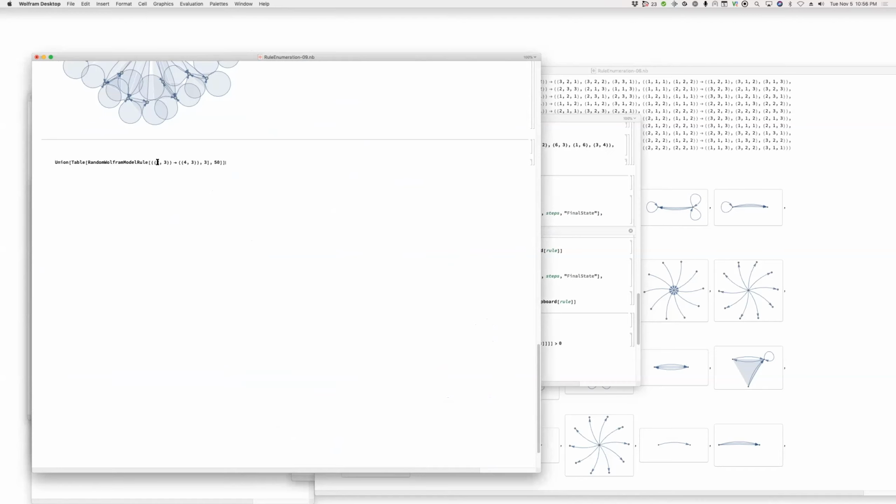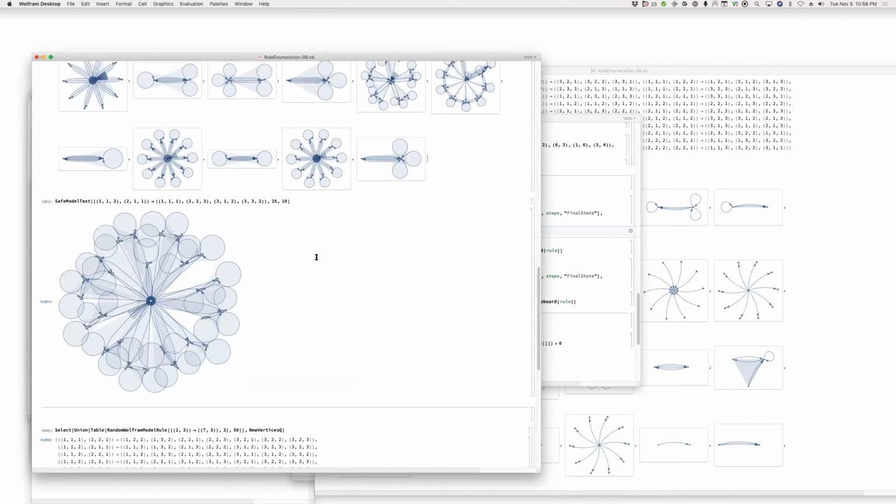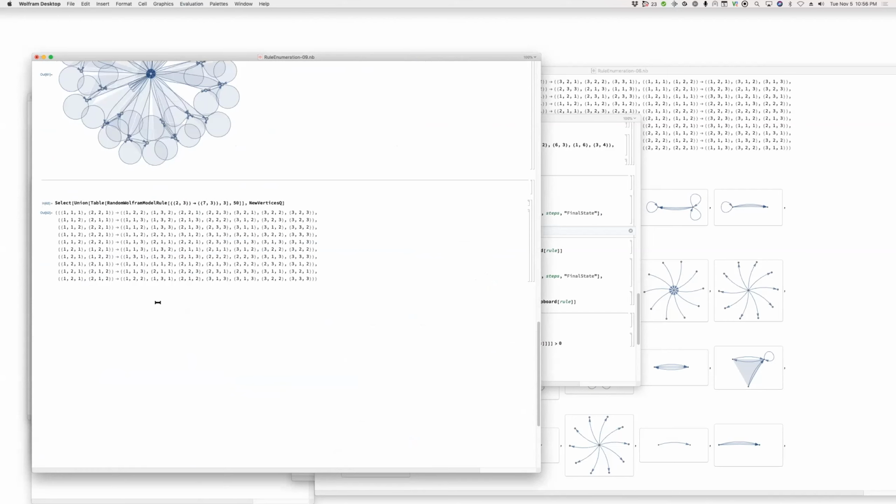So 2, 3. Well, let's just try more of those. Let's try 7, 3. I think we should have more than 3.